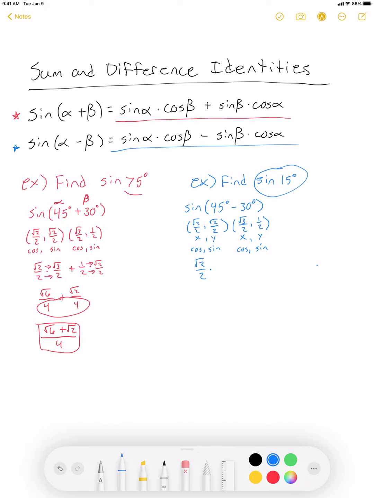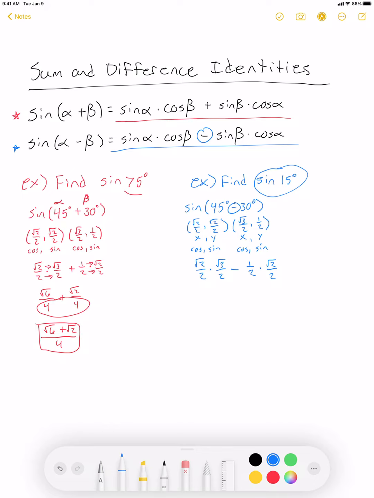So the x value of 30 degrees is radical 3 over 2. Minus, so notice the minus sign because of our minus in our formula, minus the sine value of our second angle measure, so the y value of 30 degrees, which is 1/2, times the cosine or the x value of our first angle measure, which is 45 degrees, so that is radical 2 over 2.